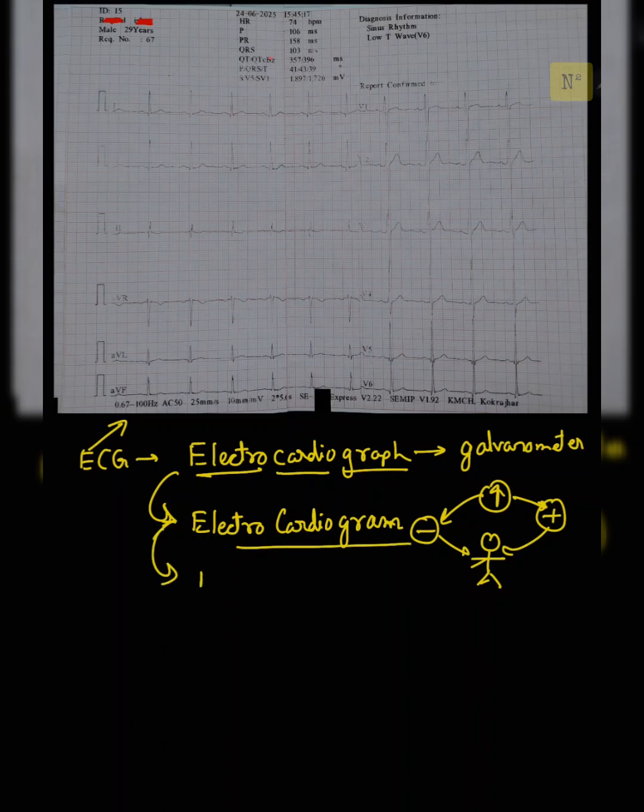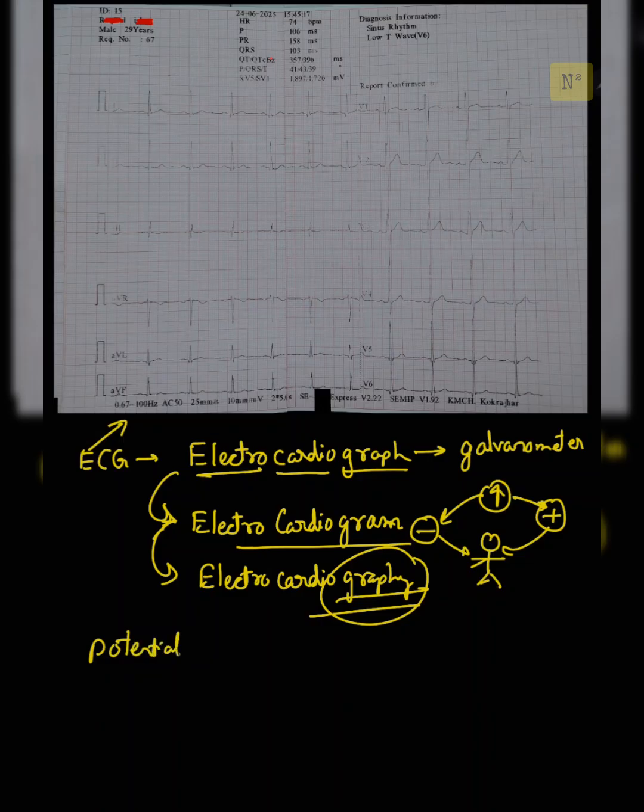And the procedure that we use is called electrocardiography. Whenever we talk about "graphy", that means the procedure that we are using to determine the electrical rhythms or the potential fluctuations during the cardiac cycle.